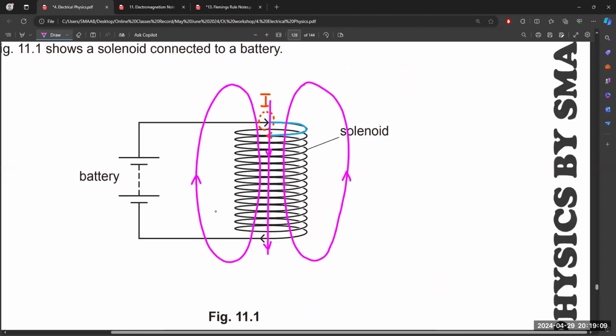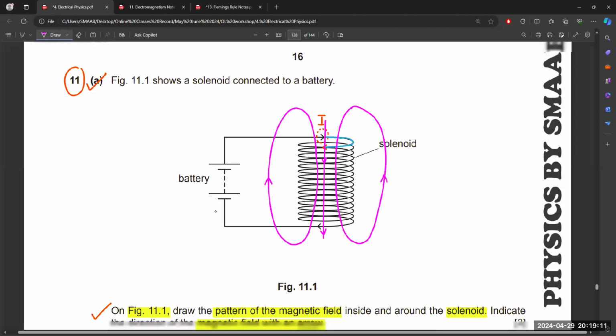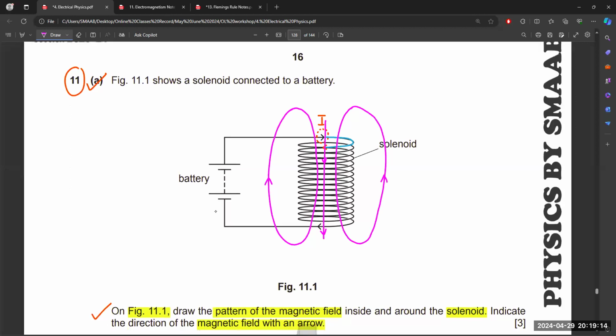So this represents the direction of the magnetic field lines according to the direction of electric current.